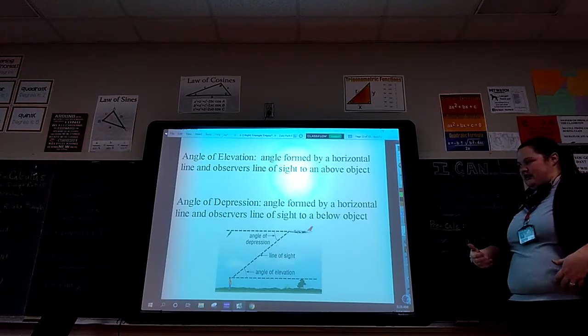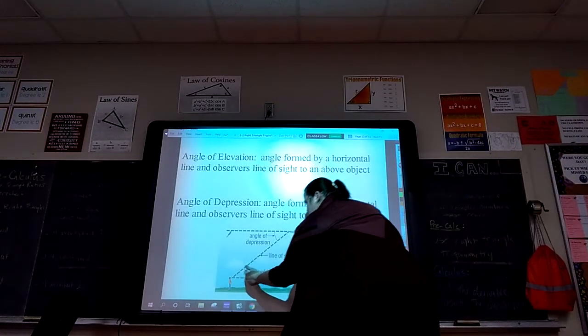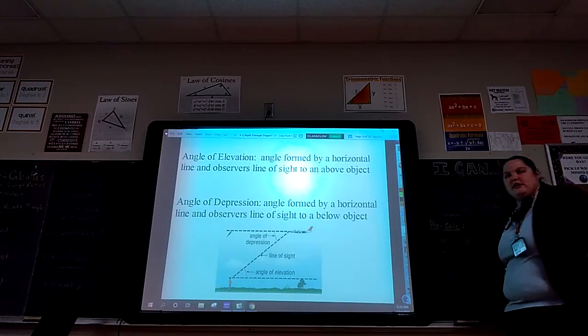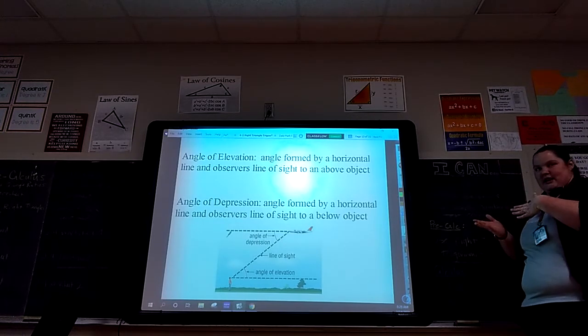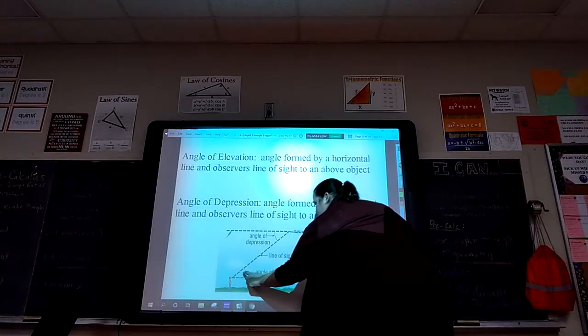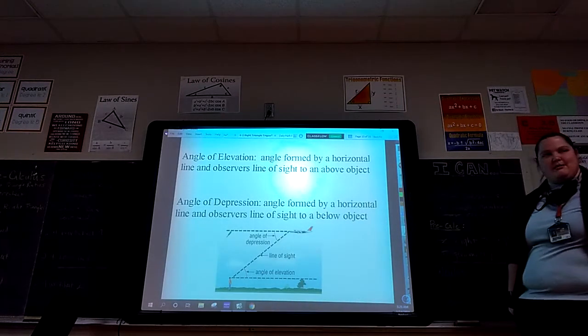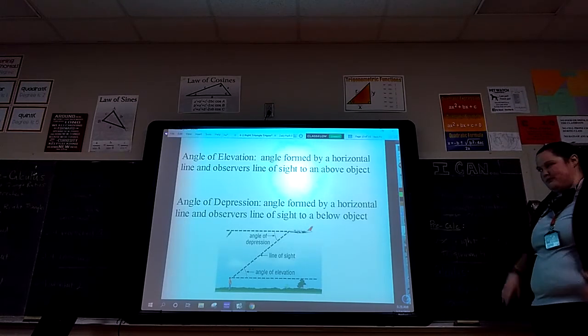So I usually make it easy on myself when I'm drawing out my triangles and just label this angle each time, because no matter if it's an angle of depression or angle of elevation, instead of drawing an upside down right triangle, I just draw a regular triangle and label this angle each time. Okay, because it's the same angle. Like I said, angle of depression is just that triangle flipped upside down.